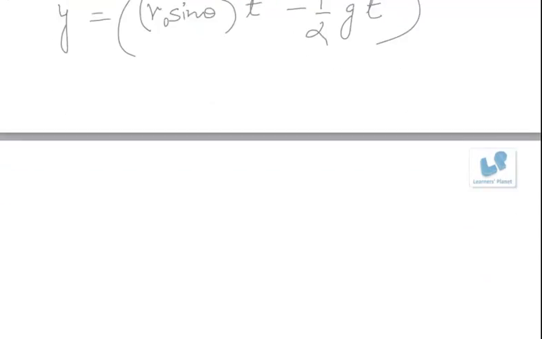Now angular momentum L is given by m r cross v.